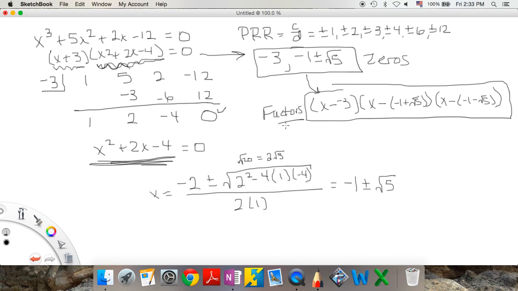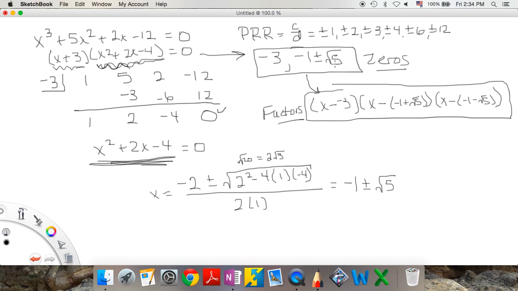Yes, they are related. We go back and forth between them. We use the same techniques to find those things because they all are related, but the zeros are where it crosses the x-axis, where the polynomial is equal to 0. The factors are what the polynomial breaks down to. If you multiply these three things together, you're going to end up with the same polynomial again.